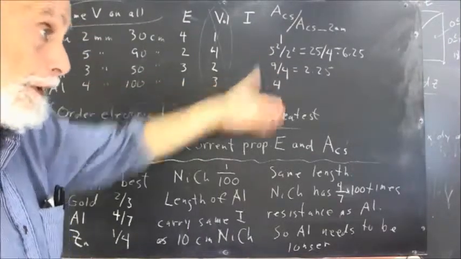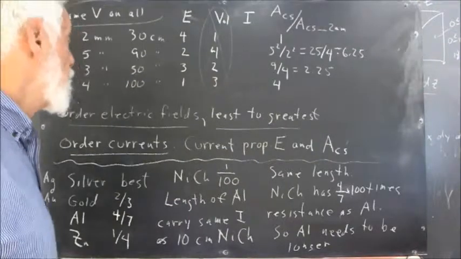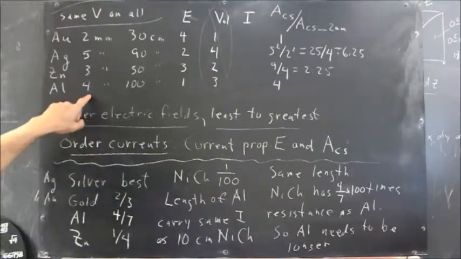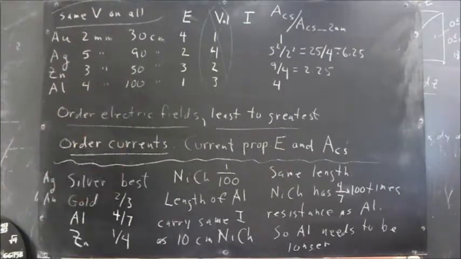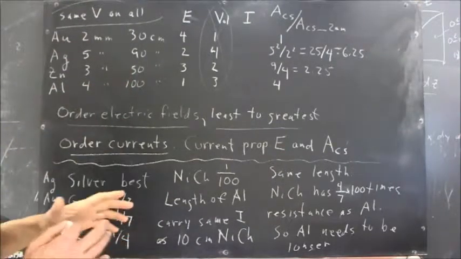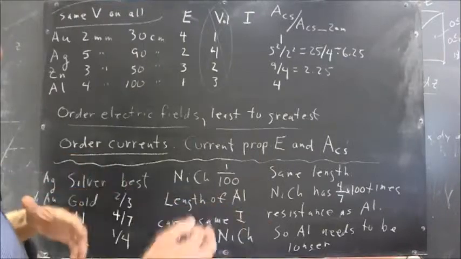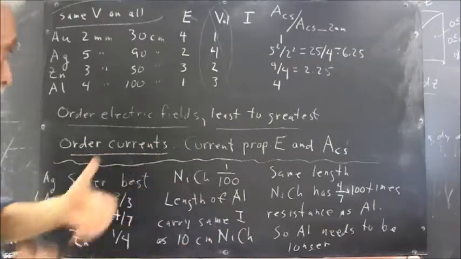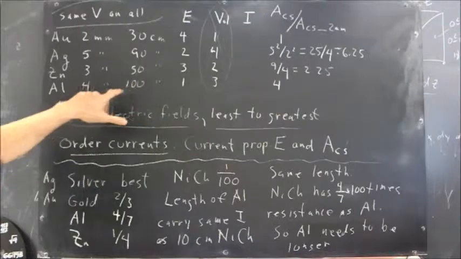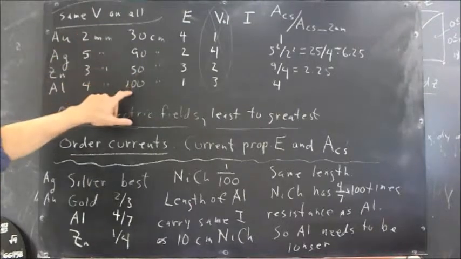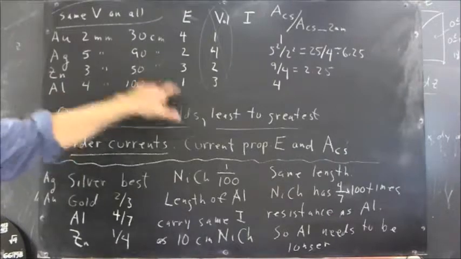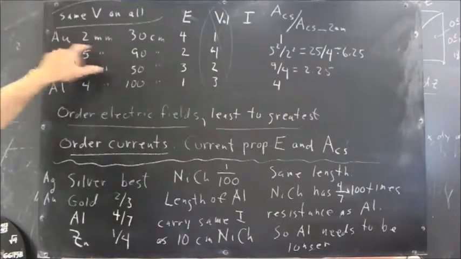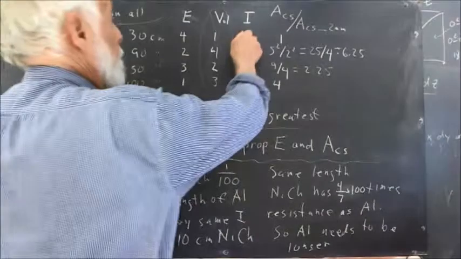That comes out 4. I didn't bother writing the calculation. We've got 4 times the area and a little more than 3 times the length. Remember, the area tends to multiply the current. The length is going to be divided. So with not quite 4 times the length, but 4 times the area, this one will also have greater current than this one. So this clearly has the least current.